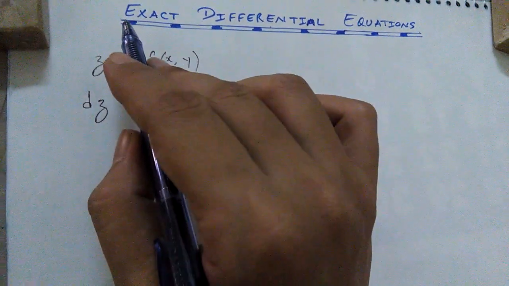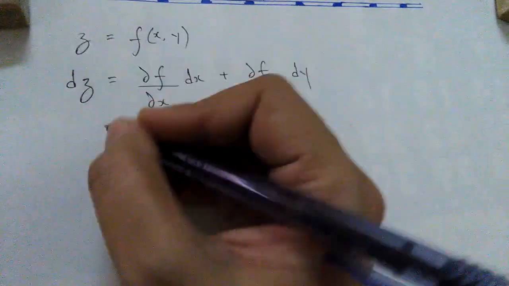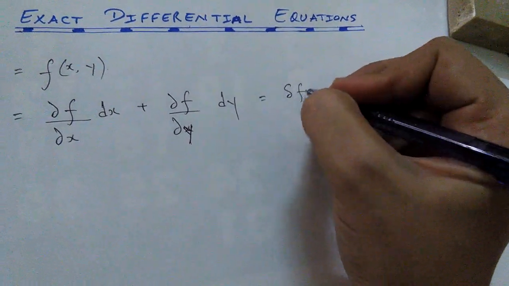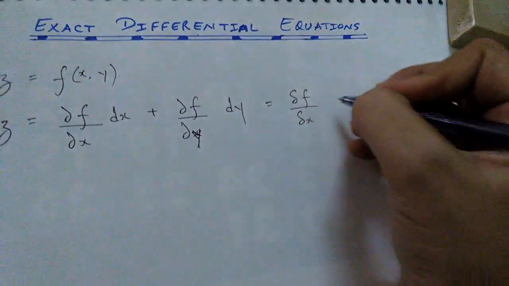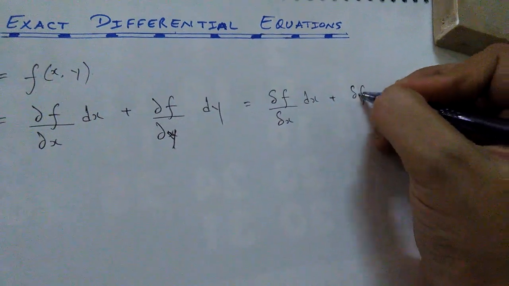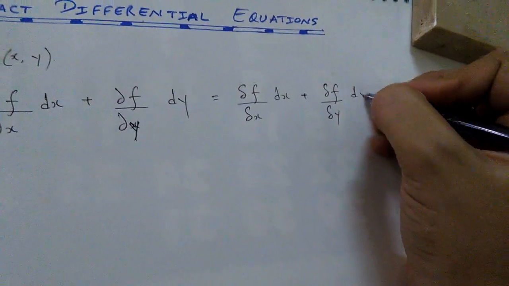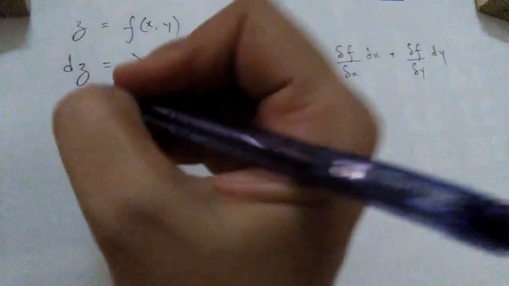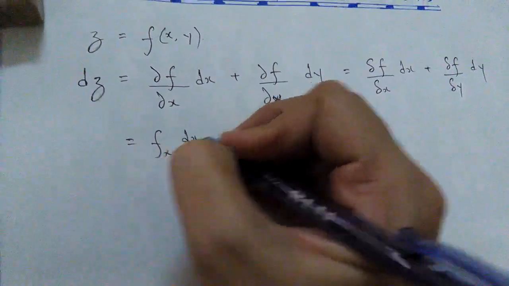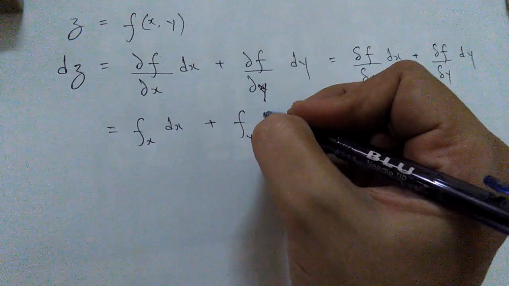Also, it is called the exact differential. You can also use a notation here like this. The partial derivatives are also expressed like this, so we have a variety of expressions anyhow. Also, we can express the partial derivative of f with respect to x like this, and the partial derivative of f with respect to y like this.